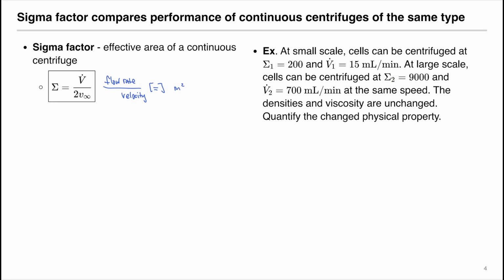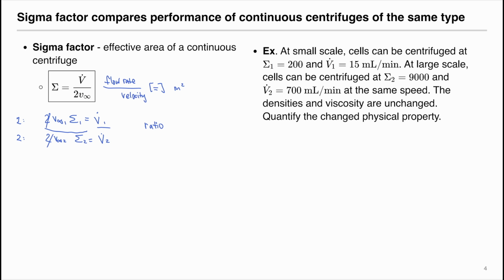We can rearrange this equation so we have 2 times the terminal velocity times sigma factor is equal to the flow rate. And if we want to compare 2 centrifuges of the same type, we can have the first centrifuge and label it 1, and then have the second centrifuge and label it 2. And if we take the ratio between them, then we can cancel out the 2.